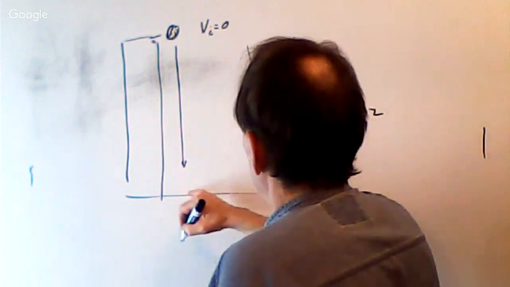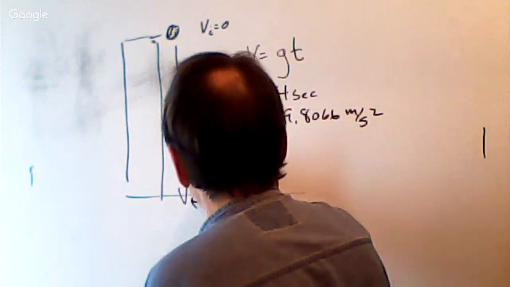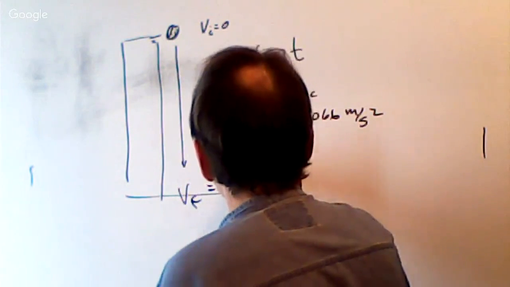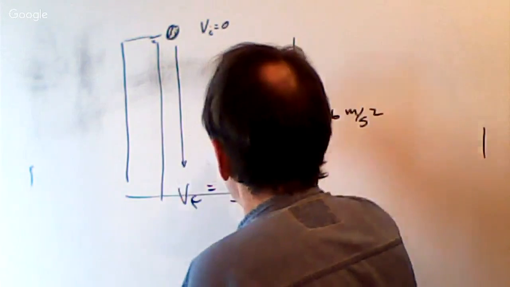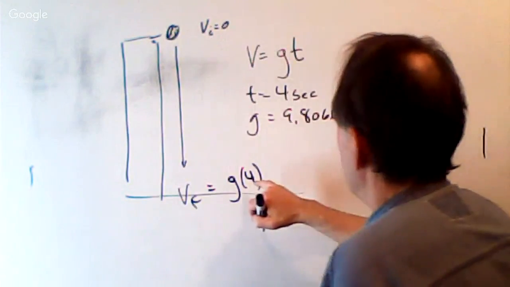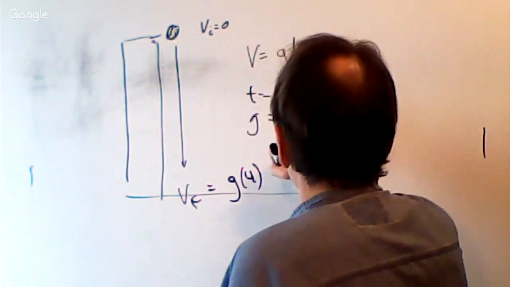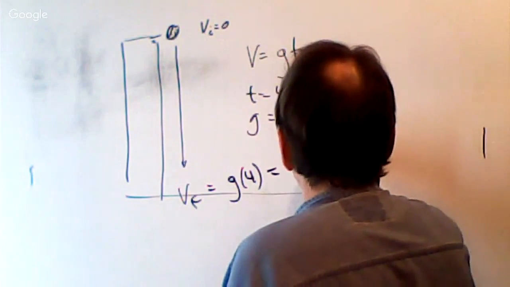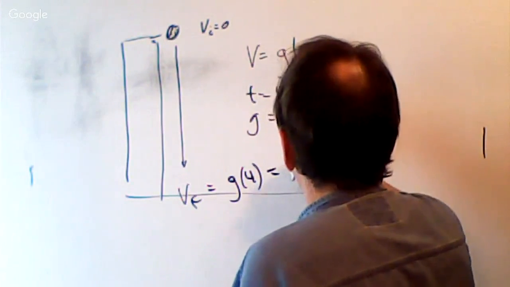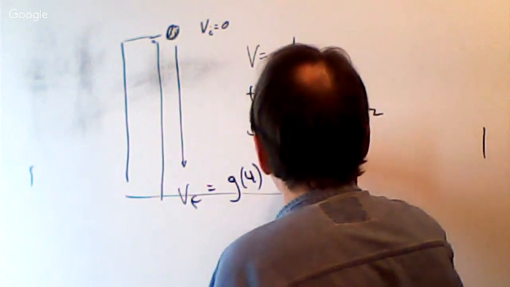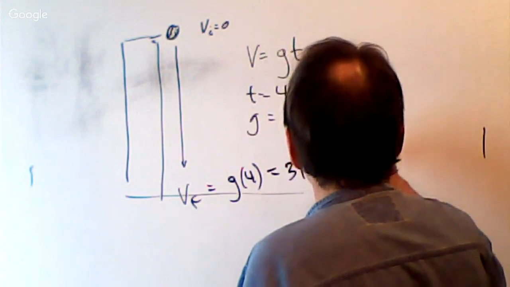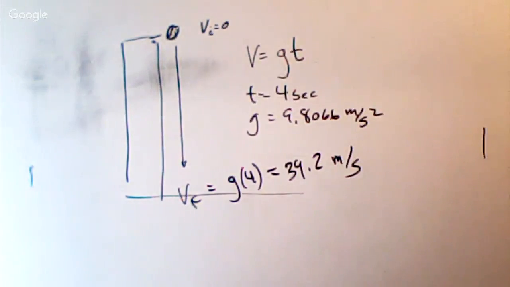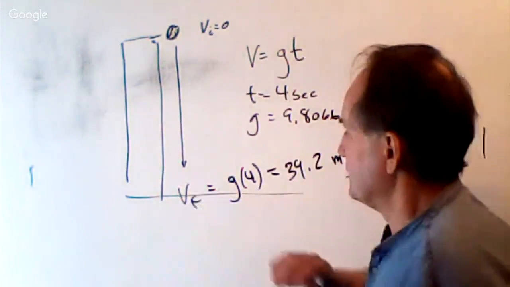So we can compute the final velocity. The final velocity will just be g times the time that it takes to hit the ground. In this case, it's 4 seconds. So 4 times 9.8, it'd be about 39.2 meters per second is the velocity at which it will hit the ground.